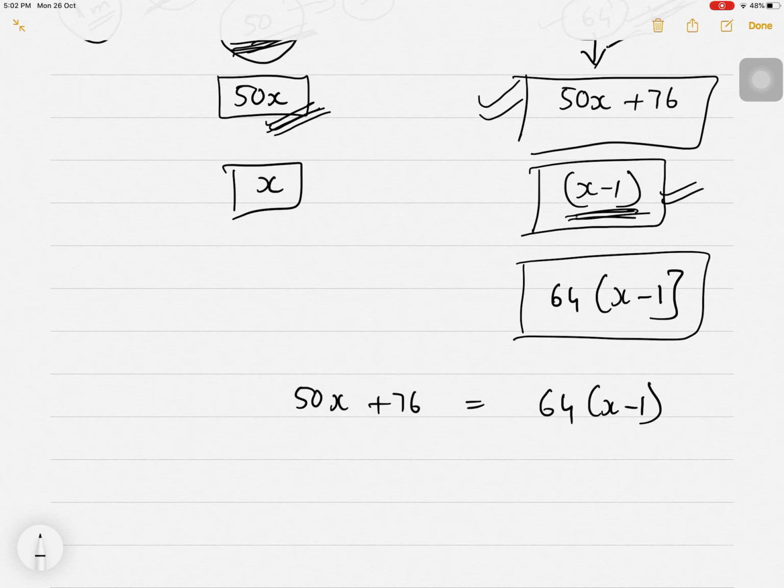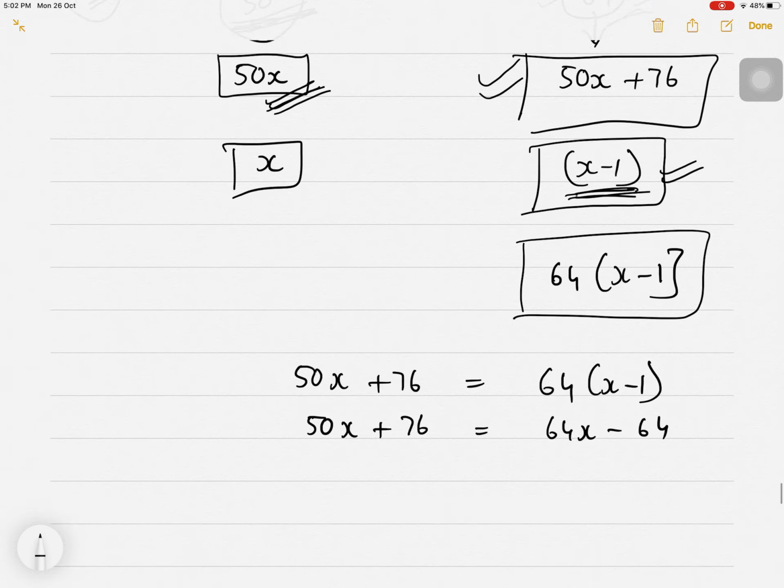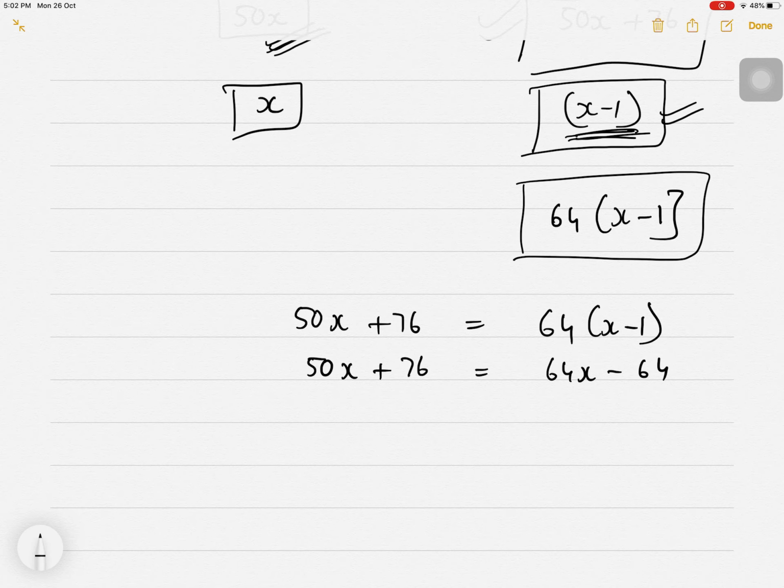Now find the value of x. 50x plus 76 is equal to 64x minus 64. Okay, so I'll bring 64 this side.